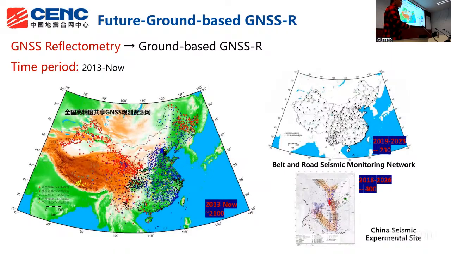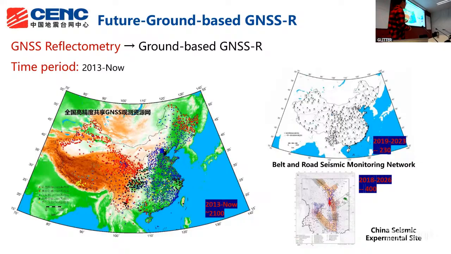Besides CMONOC, from 2013 until now, we also do data sharing with other industries. This data shows almost 2,100 GNSS continuous stations sharing with other industries, like the China Meteorological Administration, and also the National Oceanic Agency.